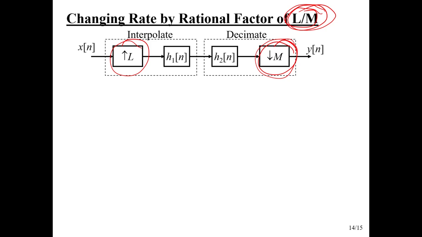So you always want to make sure that at every point in your system, you never take your rate lower than your final target rate. That's kind of a good rule of thumb.